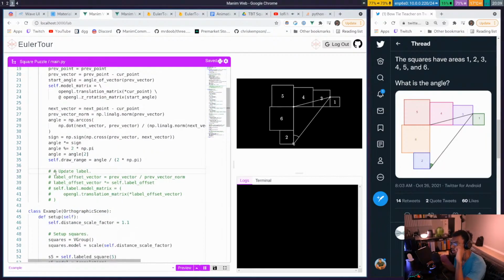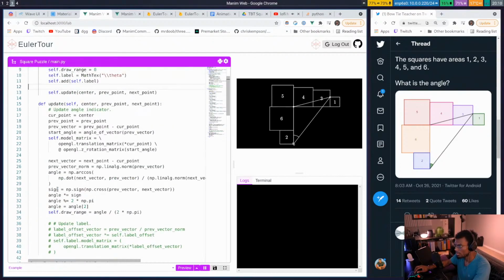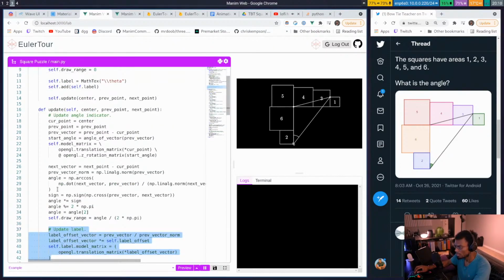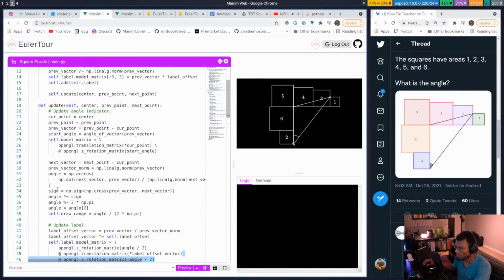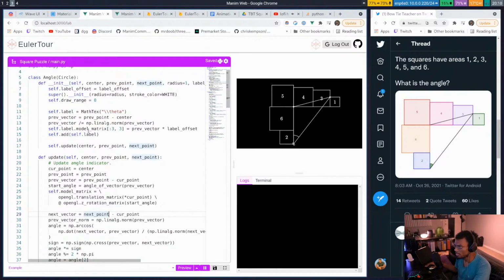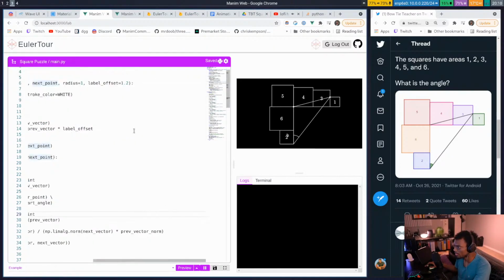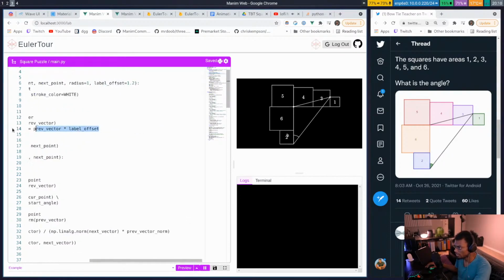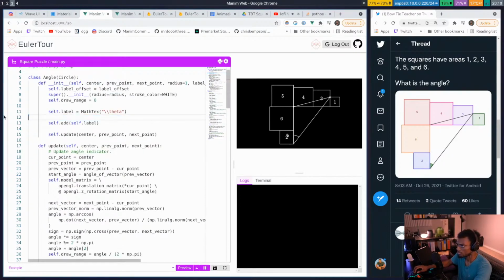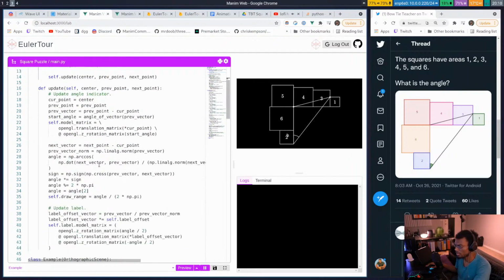Now to update the label. Oh, this was working off the assumption that the angle, the slope of the previous vector, is 0, which is no longer true.